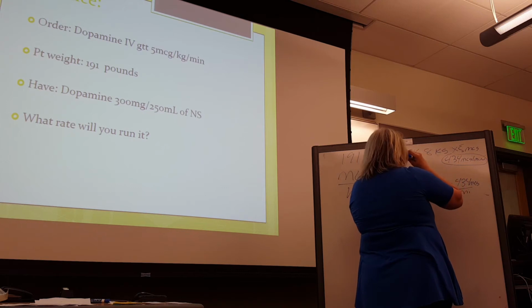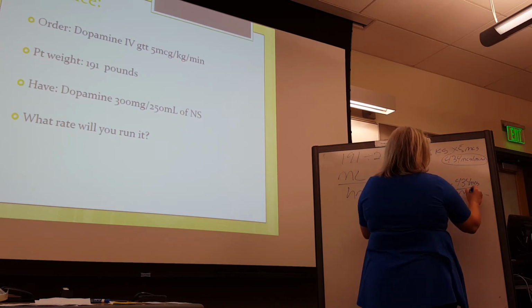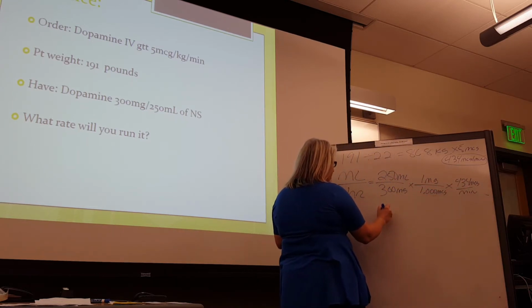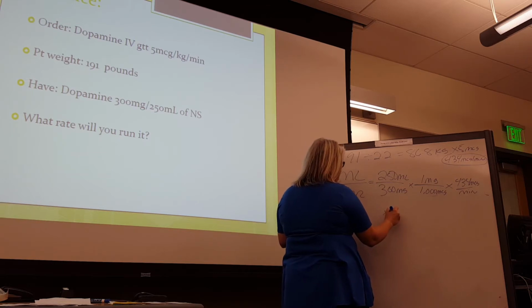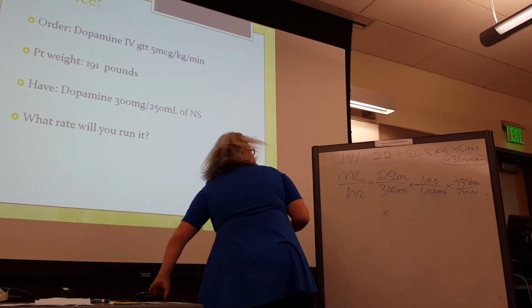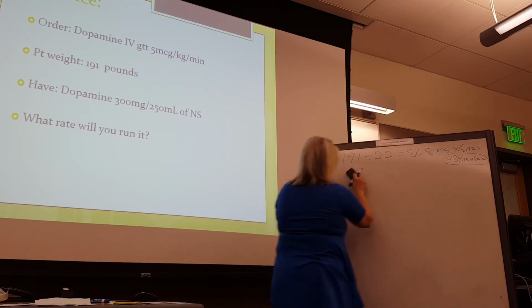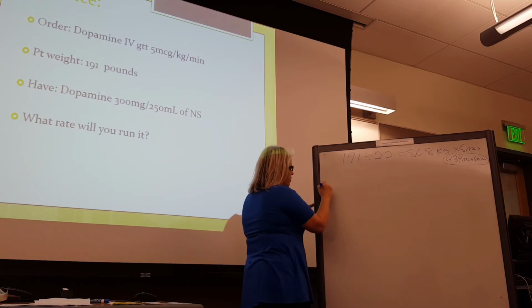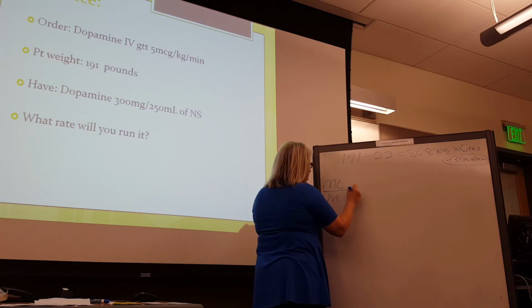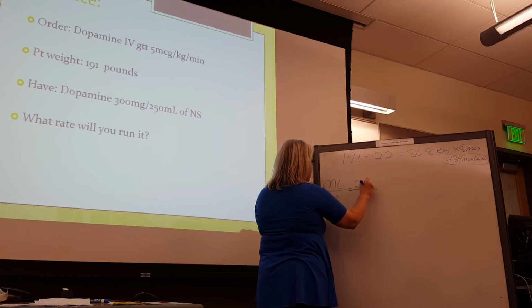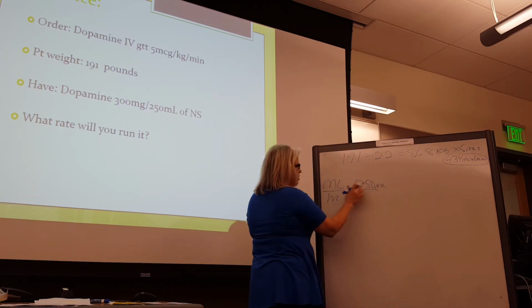Let me put my glasses on here. And then we're going to keep it coming across here, sorry. Let me just rewrite this so I get it all the way across the board. So we want milliliters per hour equals the 250 milliliters, because this matches that.